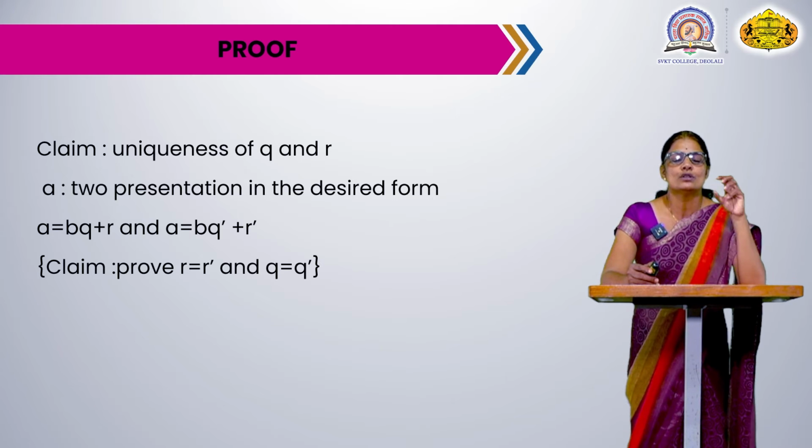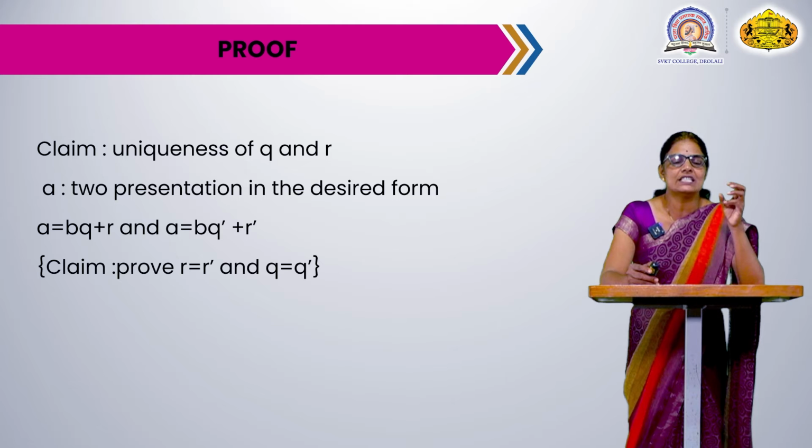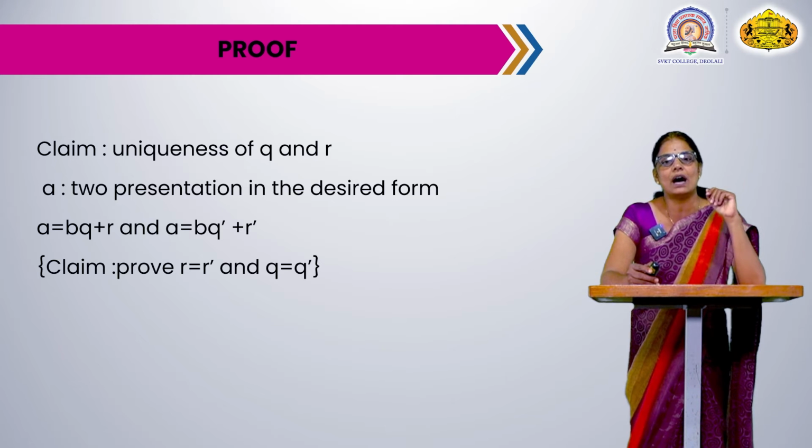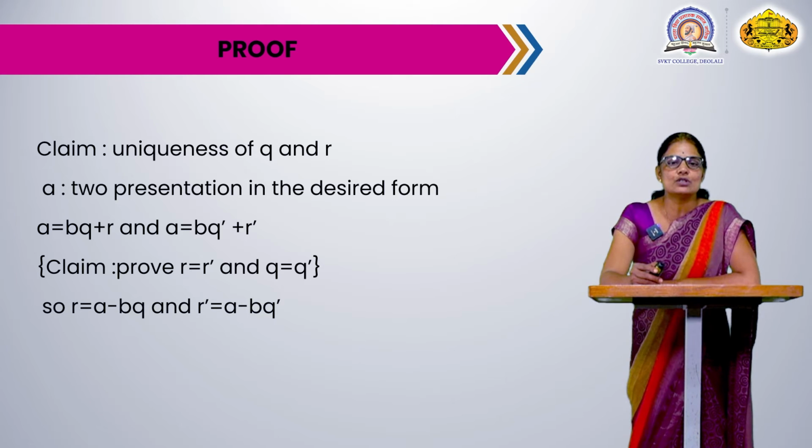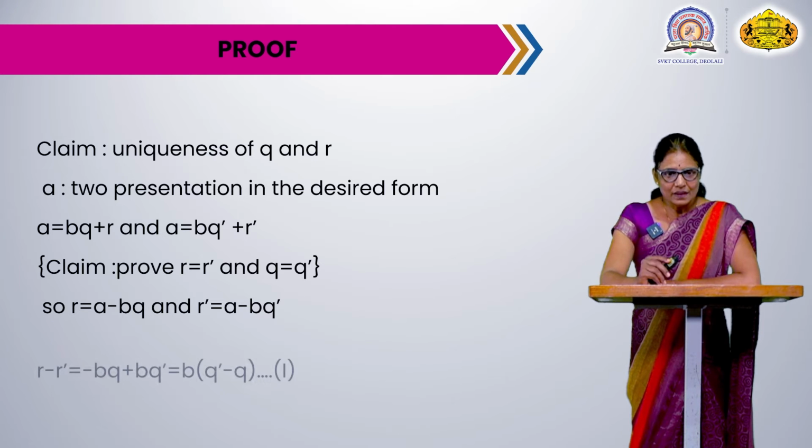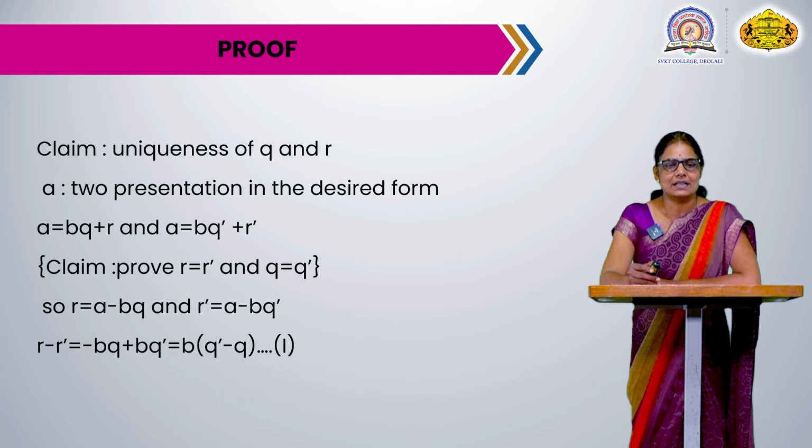To prove this, either we subtract both equations, or we find the values of r and r dash from these two equations. So from these two equations we get r equals a minus bq, and r dash equals a minus bq dash. Then subtract these two: r minus r dash.